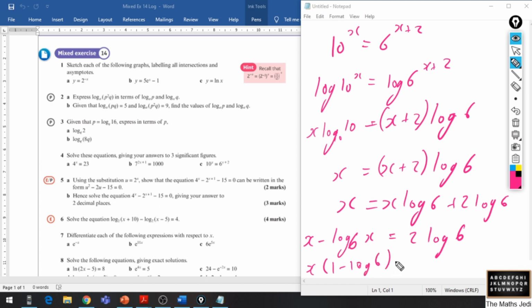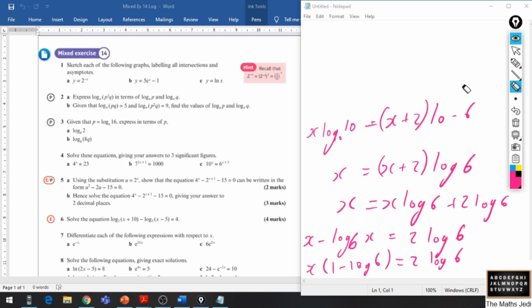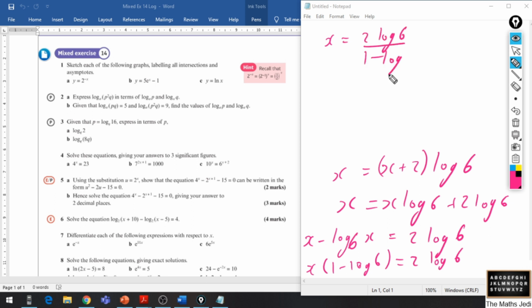And then we're going to divide through by 1 minus log 6 here. So I'll divide through by this expression on the left, 1 minus log of 6. Here we go. X equals 2 log 6 over 1 minus log 6.